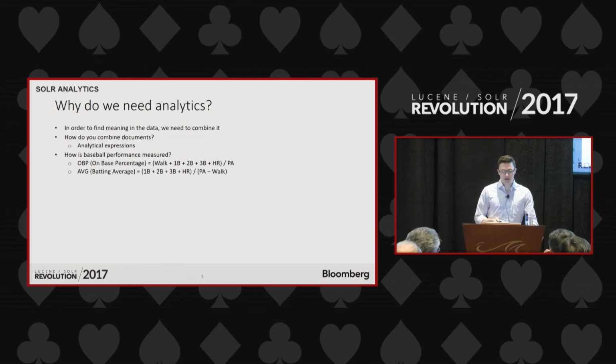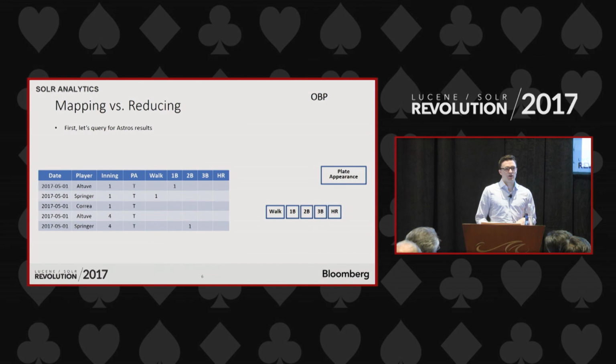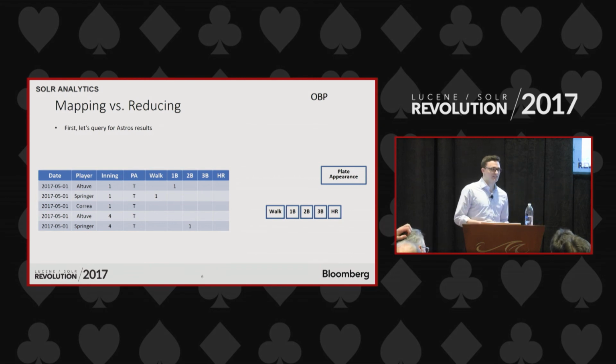So, how do we actually calculate these expressions over our search results? The analytics component you can think of as a kind of mapping and reducing framework over the results you get back from your search index. So we can start off by querying for some Astros results over the last years. Astros is a baseball team. These are the players on that team.